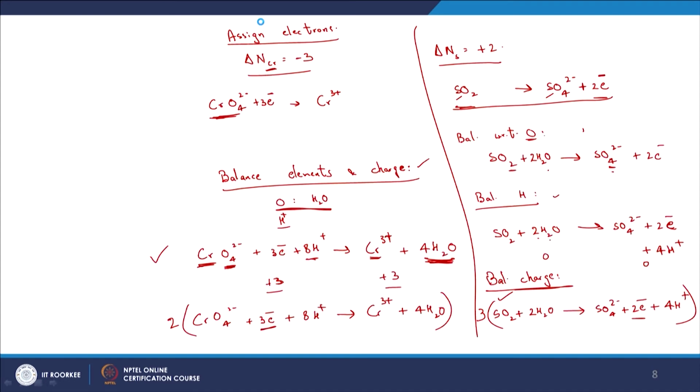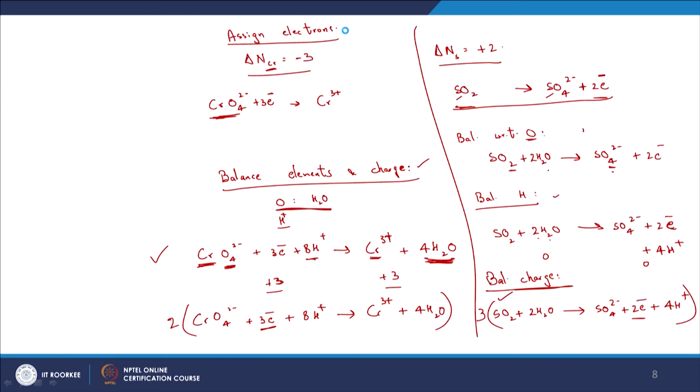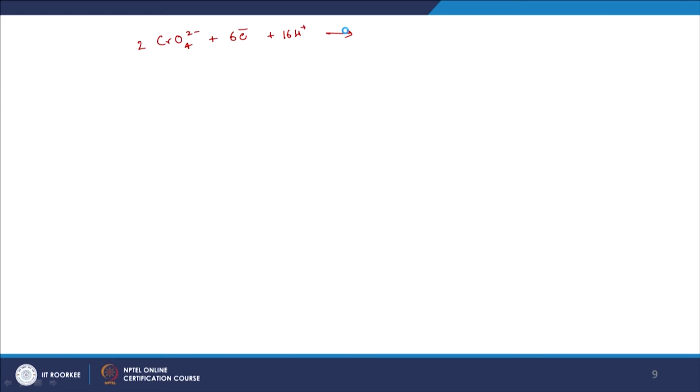2 CrO4 2 minus plus 6 electrons plus 16 H plus goes to 2 Cr3 plus plus 8 H2O.